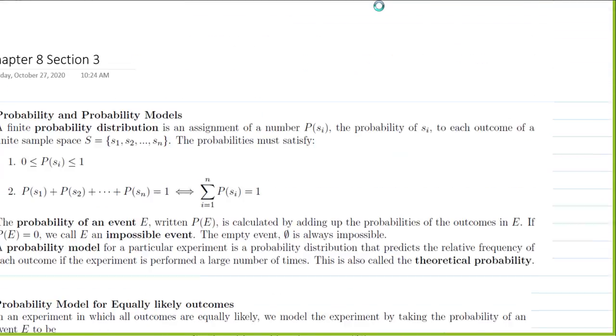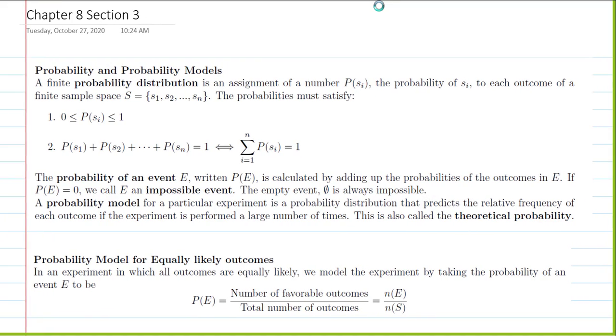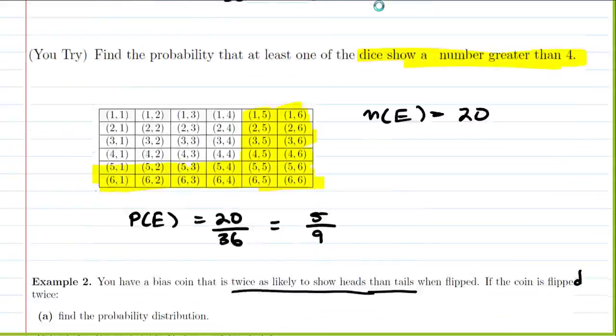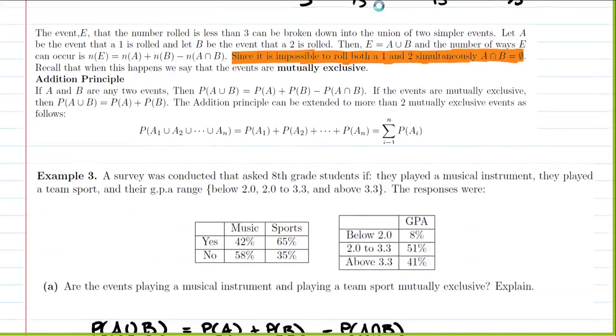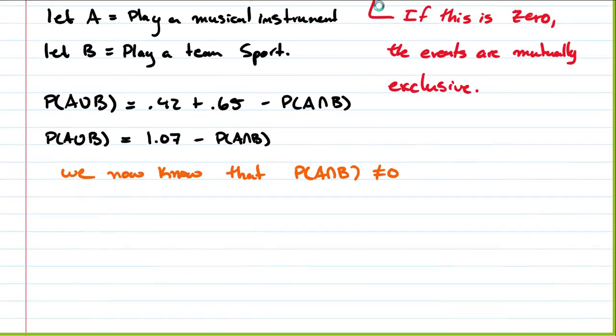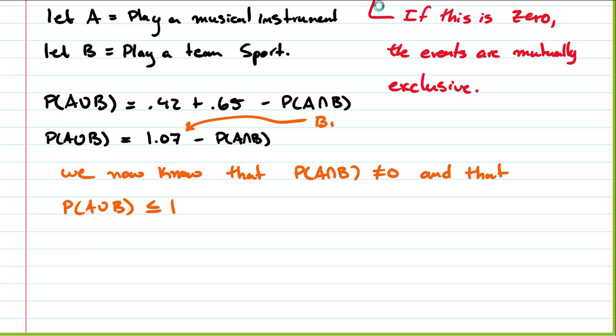If we go back to our definition of probability, what is the biggest a probability can ever be? 1. So the probability of A union B has to be less than or equal to 1. Well, we're told that the probability of A union B is equal to 1.07. Yeah, this is bigger than 1.